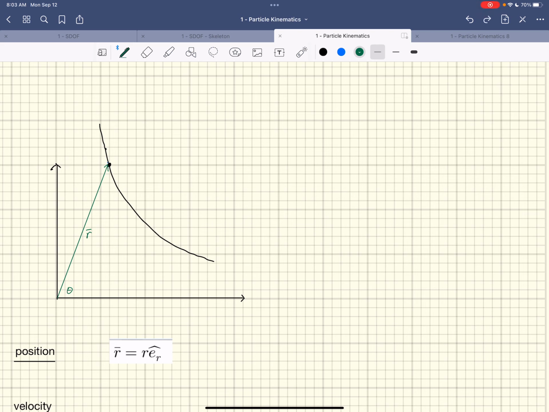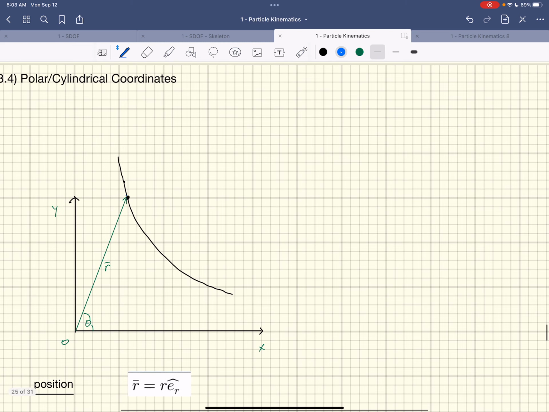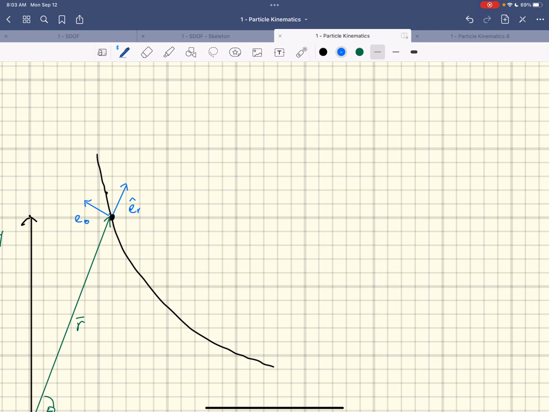That angle right there is theta. This is the x, this is the y. The origin's down here. Our coordinate system has one direction pointed this way, and another one perpendicular to that. This one right here we call e_r, and this one is e_theta.